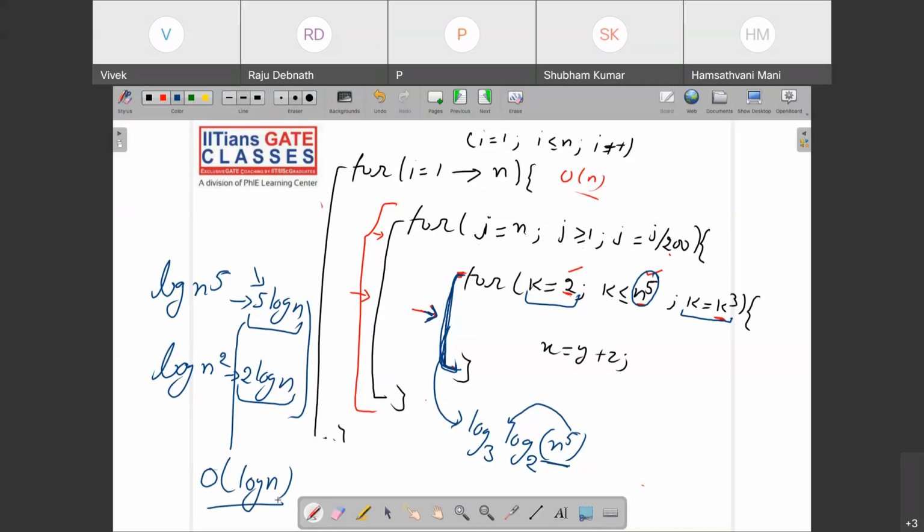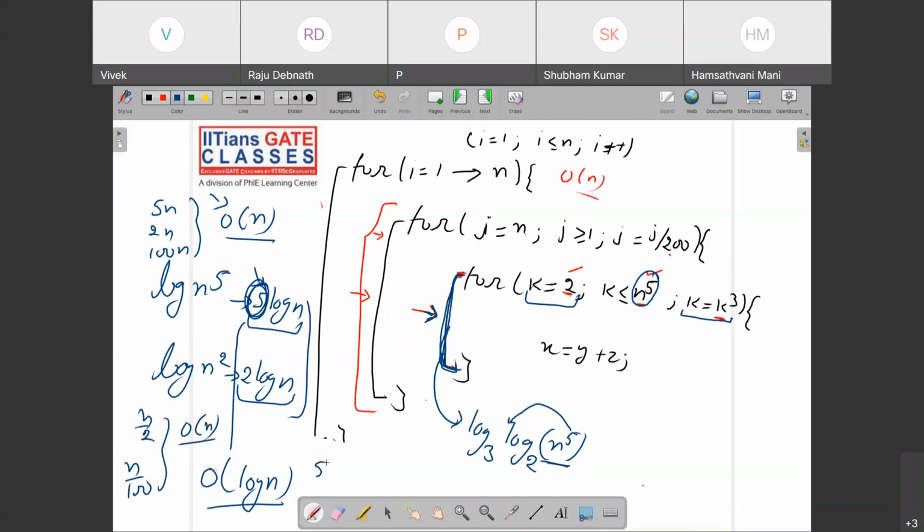This is also part of asymptotic notation that I will cover. Don't worry about it, but try to understand here that this constant doesn't really matter. You know that 5n, 2n, 100n, all these are written as order of n in asymptotic notation. n by 2, n by 100, these will also be written as order of n.